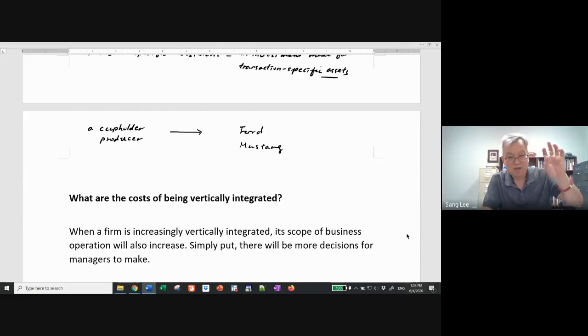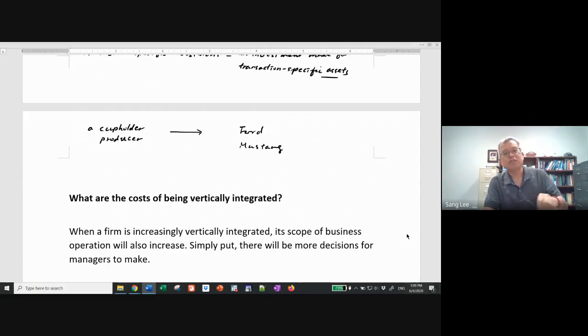Now, remember, holdup problem is also called post investment holdup. So once the investment was made and completed, Ford understands this: the cup holder specifically designed for the Mustang would have little value outside this business relationship.